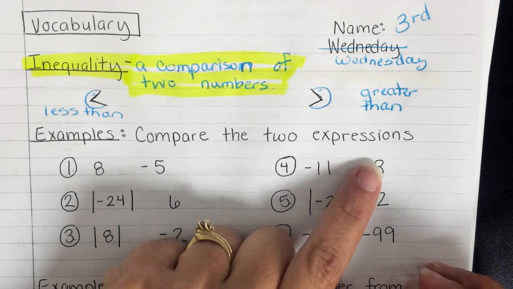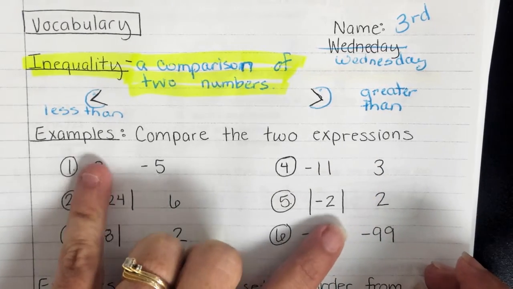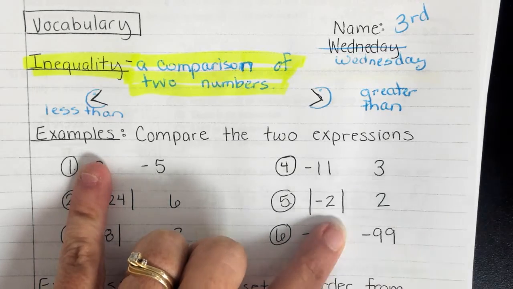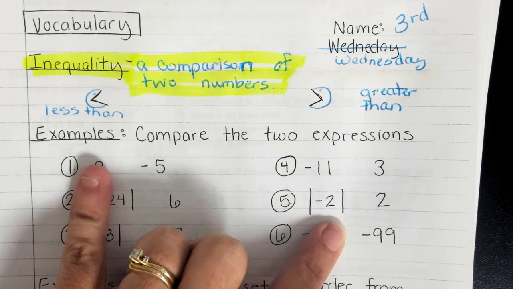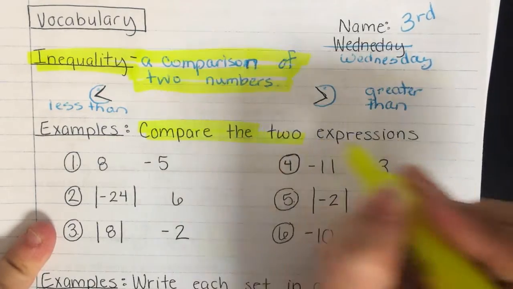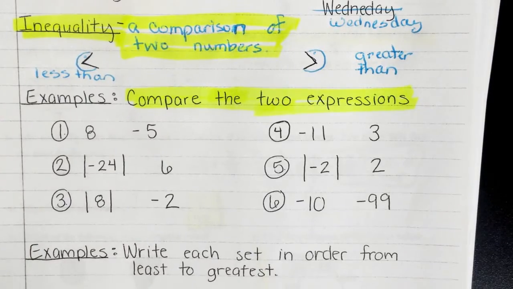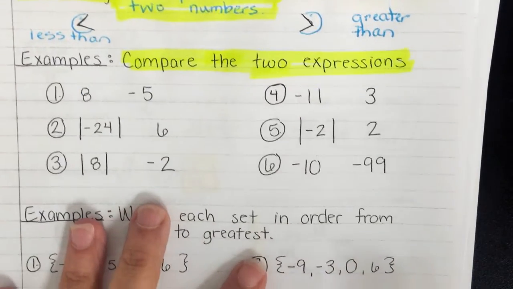Okay. Now, starting out, the first thing they're going to ask you to do. Stop. Thank you. Okay, the first thing they're going to ask you to do is compare the two expressions. They just mean the two numbers. Compare them. Here we go.